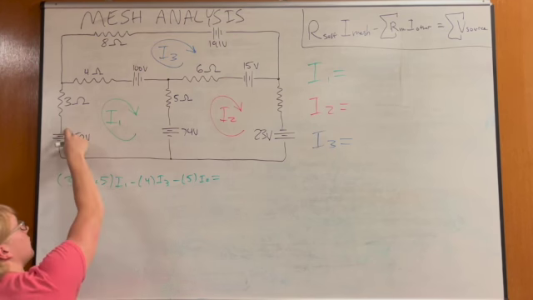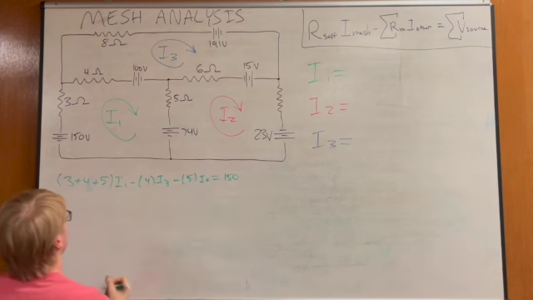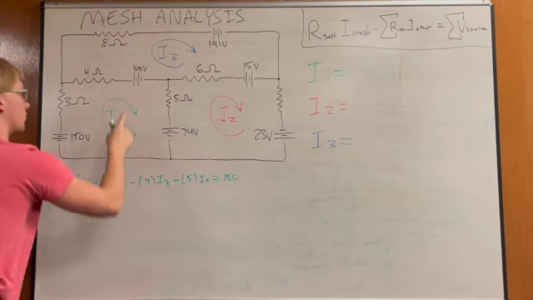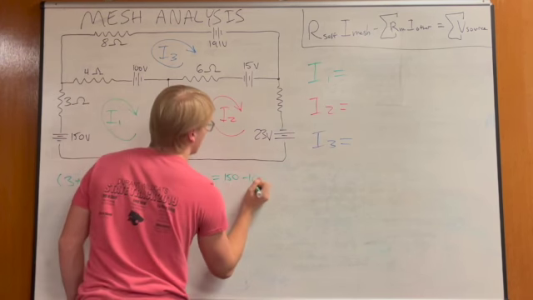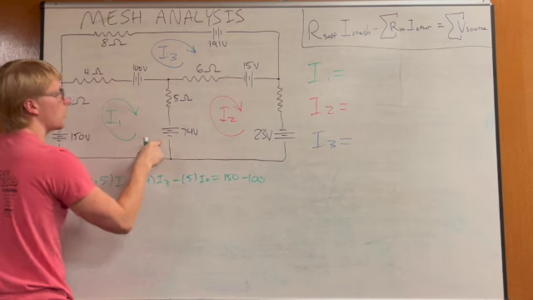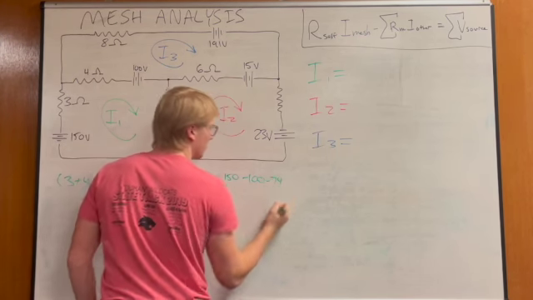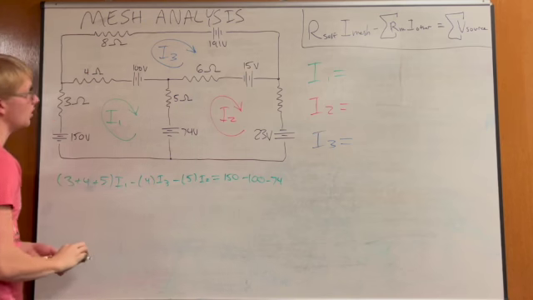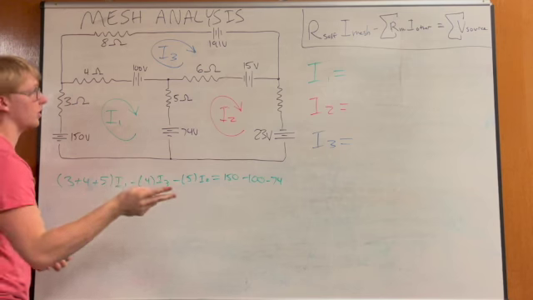This one goes from a negative to a positive, so that's a positive 150 volts. This one goes from positive to a negative, so it's negative 100 volts. And this one goes from positive to a negative, so it's negative 74 volts. And so that is our first equation. We've got 3 unknowns, so we need 2 more equations.